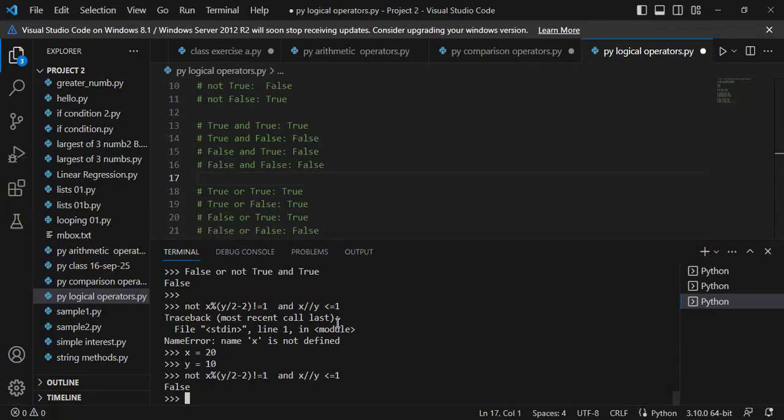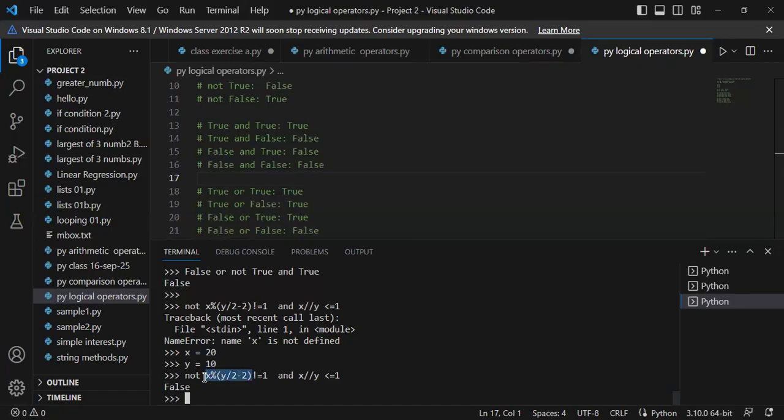Is it not 6? 6 times 3 is 18. So this is 2. X modulus 3 is 2.